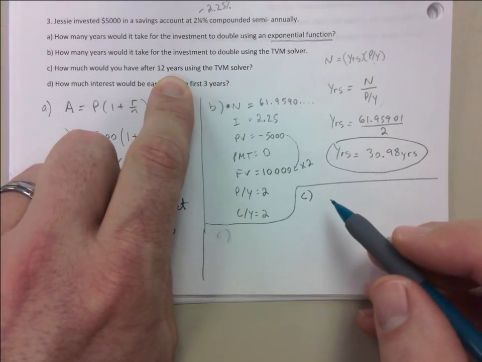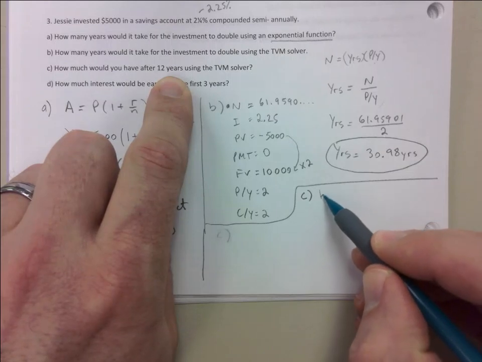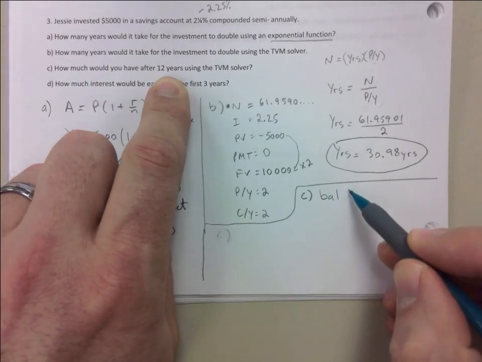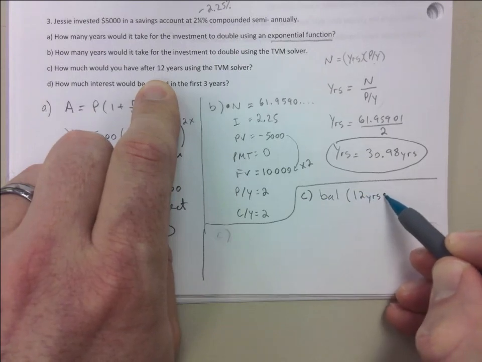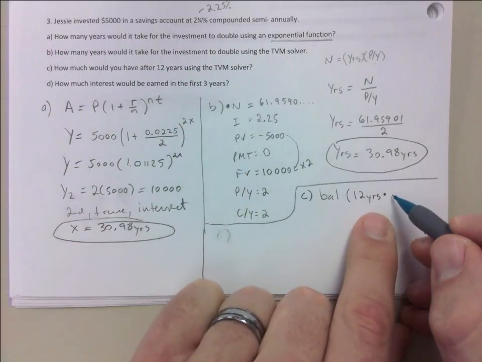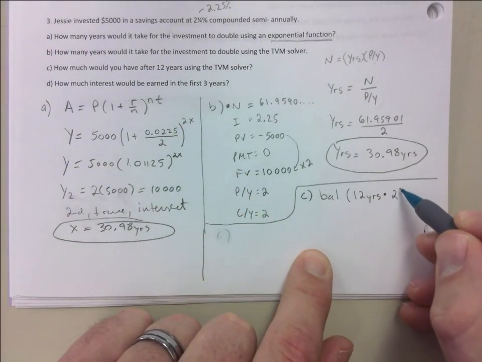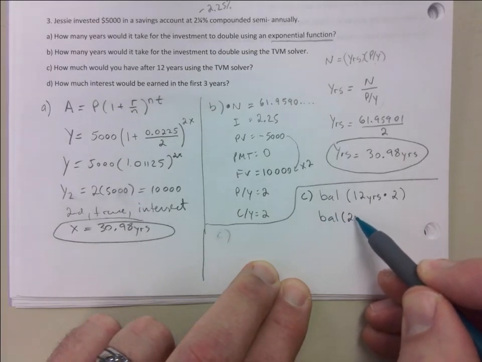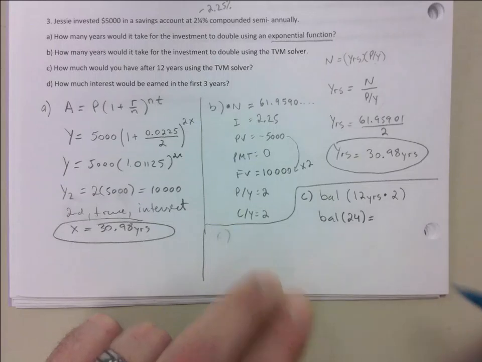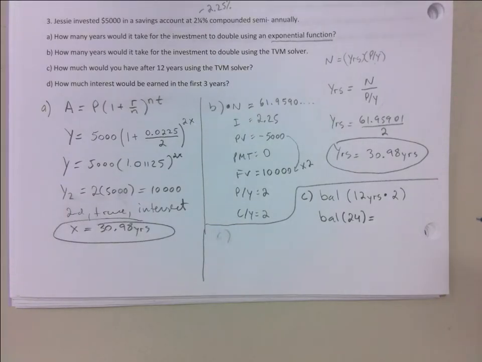You got to use balance, okay? Balance: 12 years times whatever PY is. PY is 2. So you want to go balance of 24. So we're going to figure out how much money is in this account after 24 compounding periods.